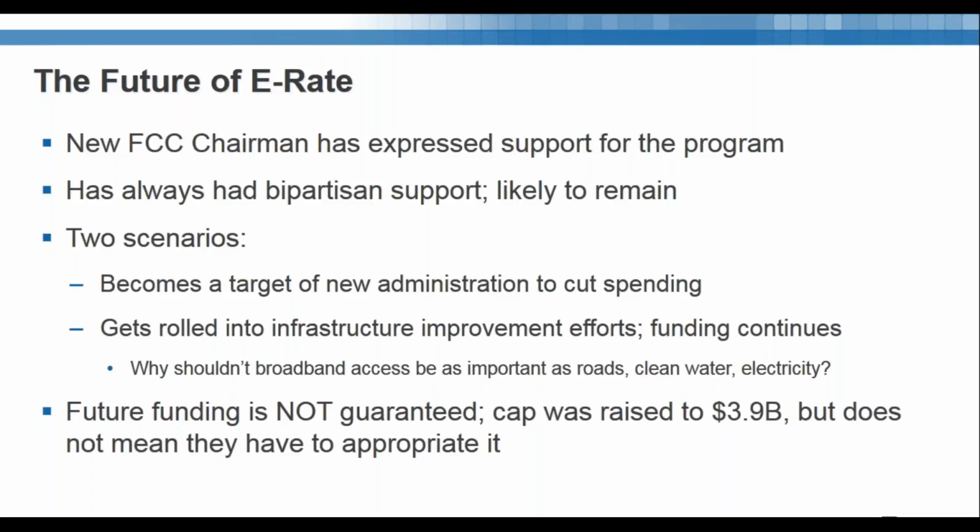The other option, which I think is probably more likely, is that it gets rolled into the overall infrastructure improvement efforts and the funding will continue. It may look a little bit different than it does today, but if you think about it, why shouldn't broadband access be as important as roads, clean water, and electricity for improving the overall infrastructure status of the country?